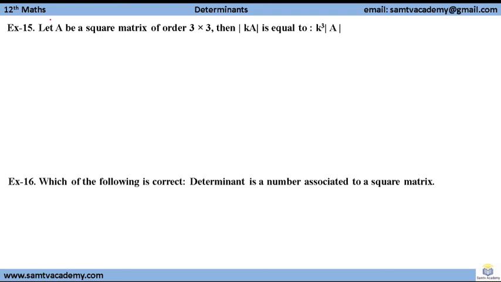So let's prove it by using one example. Let me take a determinant. Let A be a determinant of order 3 by 3: x, y, z, p, q, r and a, b, c. Now it is saying if you multiply k in this determinant, what will we get?